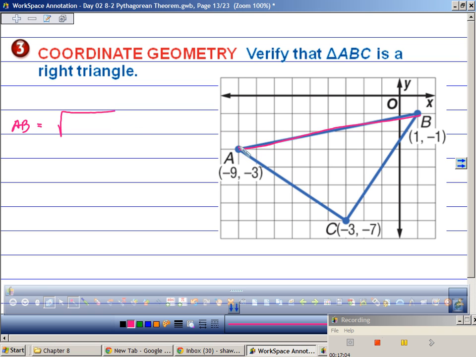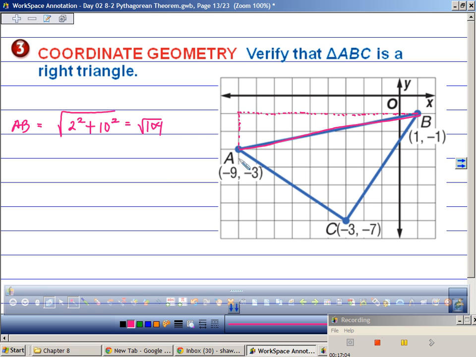How far do I have to rise? Up 2. How far do I have to run? 1, 2, 3, 4, 5, 6, 7, 8, 9, 10. So 100 plus 4 is 104.